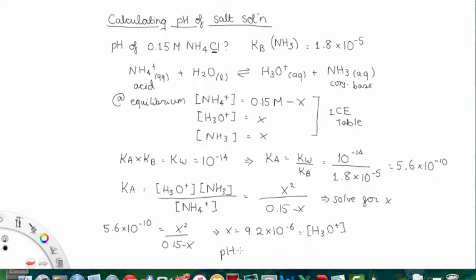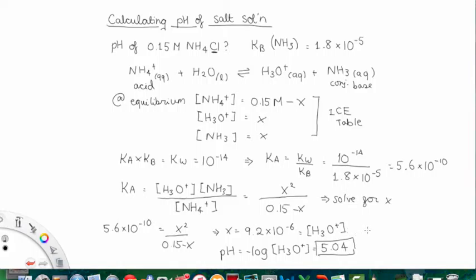Remember, pH is the negative log of H3O plus, which gives us the answer 5.04. So we calculated the pH of 0.15 molar ammonium chloride with this basicity constant as having a pH of 5.04.